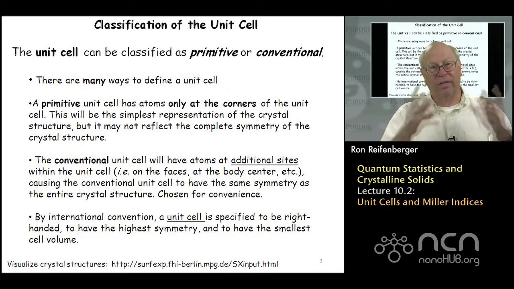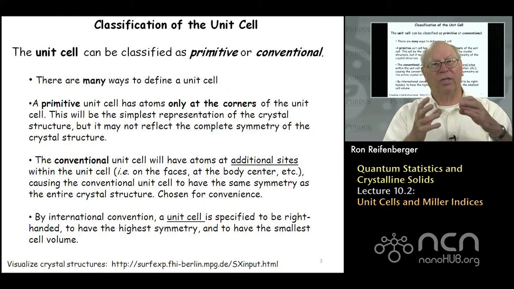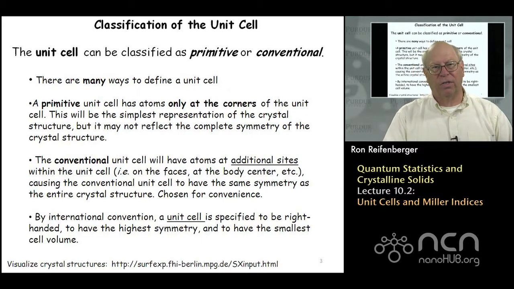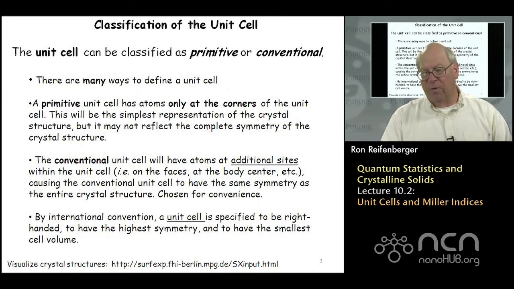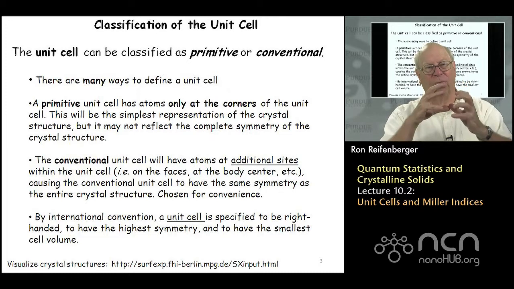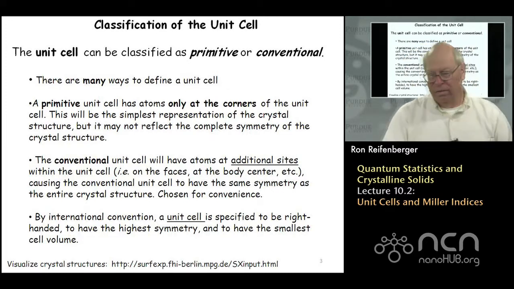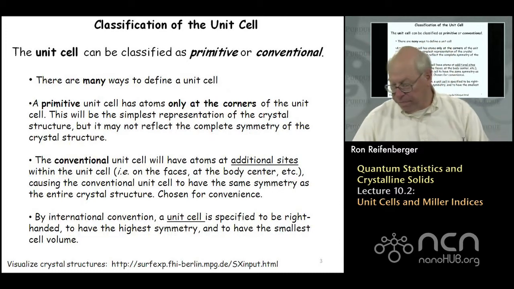This is referred to as the conventional unit cell. The conventional unit cell oftentimes allows you to see the symmetry of the crystalline structure much more readily than the primitive unit cell, which sometimes is so small that the symmetry of the atoms is obscured.